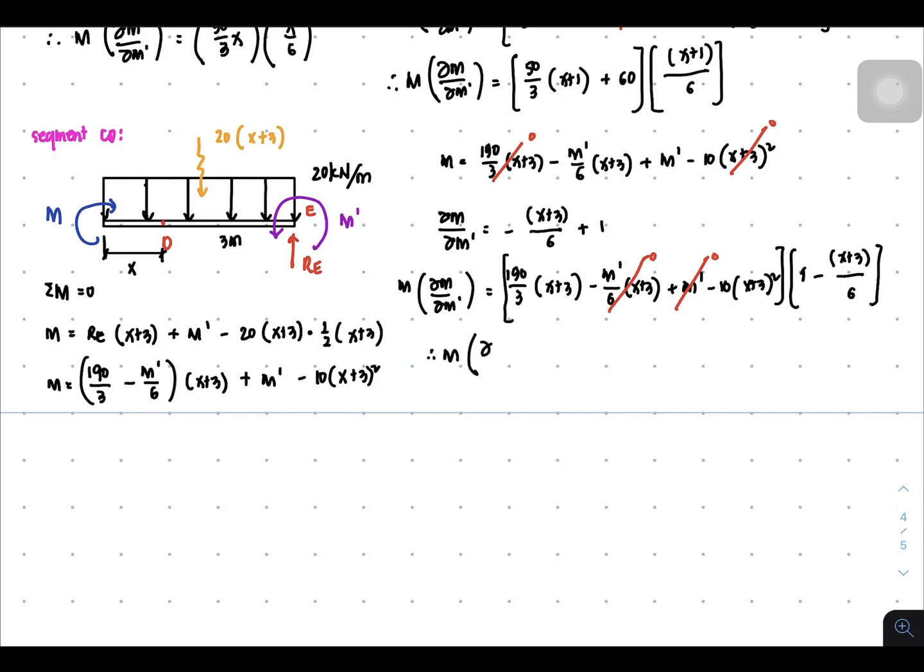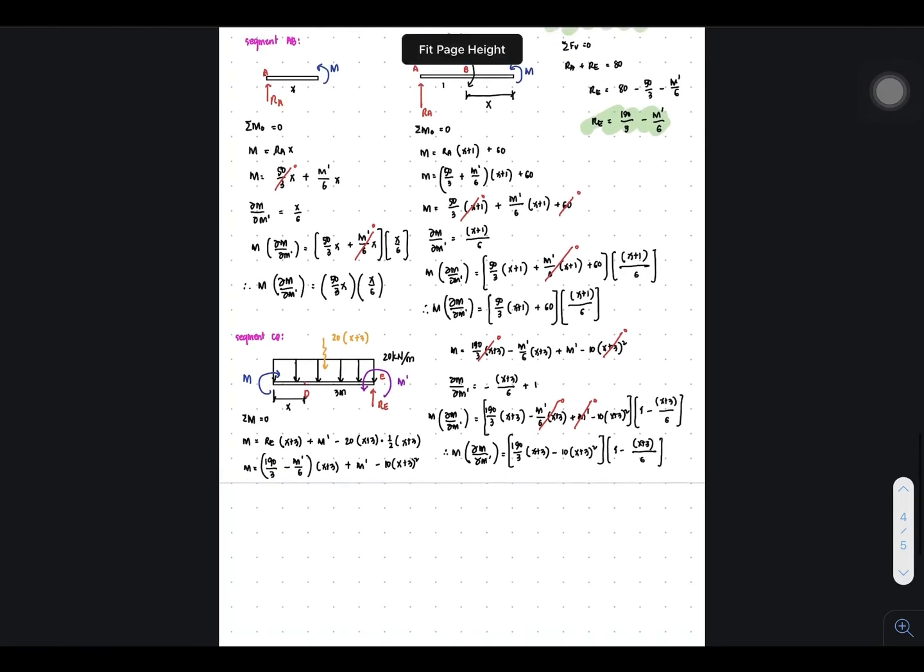So now the final product of M times the partial derivative of M with respect to M prime is now equal to 190 over 3 times x plus 3, then minus 10 times x plus 3 squared, and multiply this all to 1 minus x plus 3 over 6.